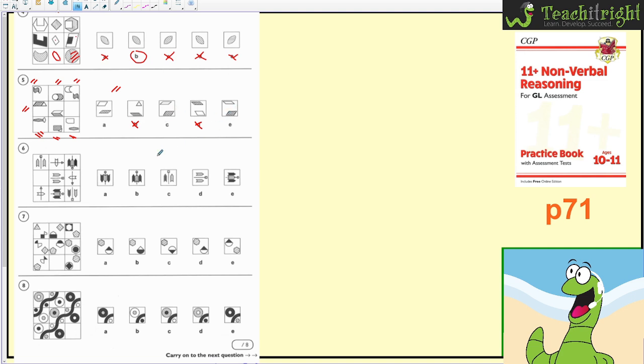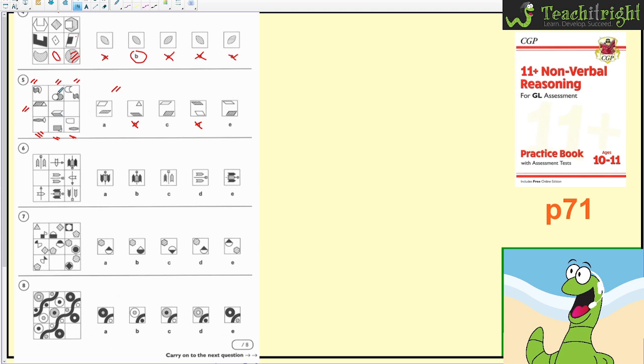Okay, so far so good. And then we've got top left is white, bottom right is shaded, bottom right is shaded. So I suppose we got rid of D already. Yep, so these all got the correct feature in the right place.